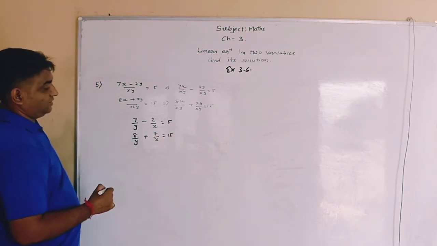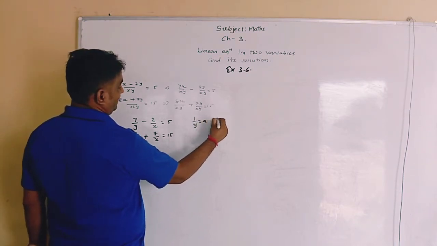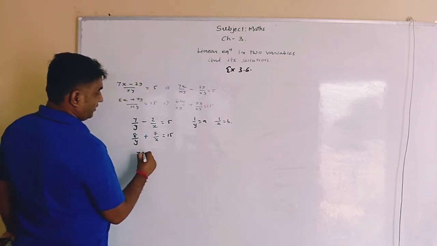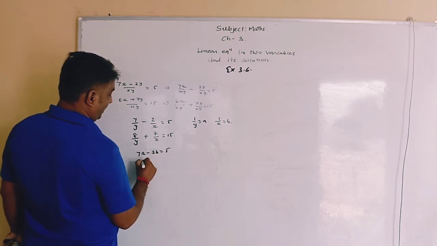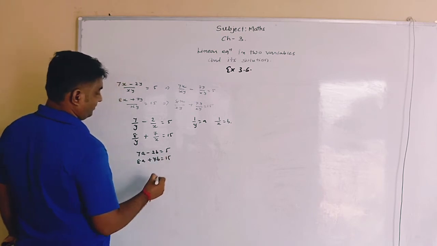And so we take 1 by y equals a and 1 by x equals b. Then we have 7a minus 2b equals 5, and 8a plus 7b equals 15.